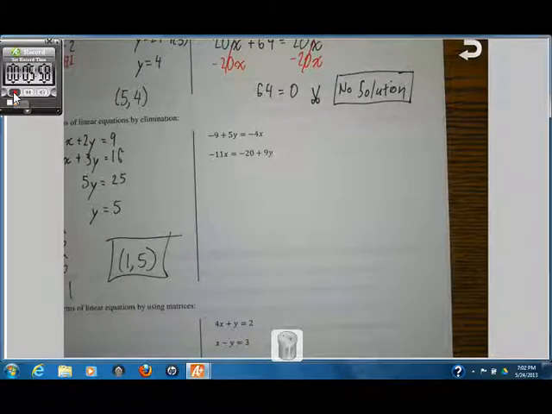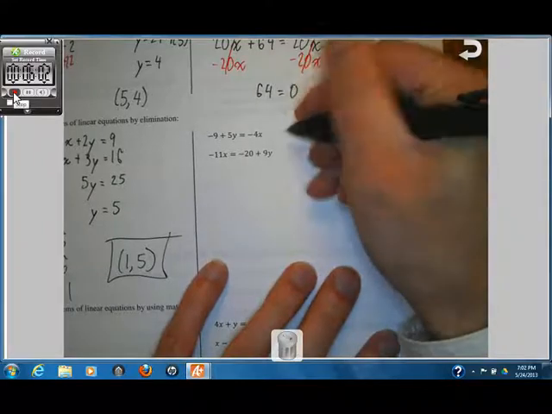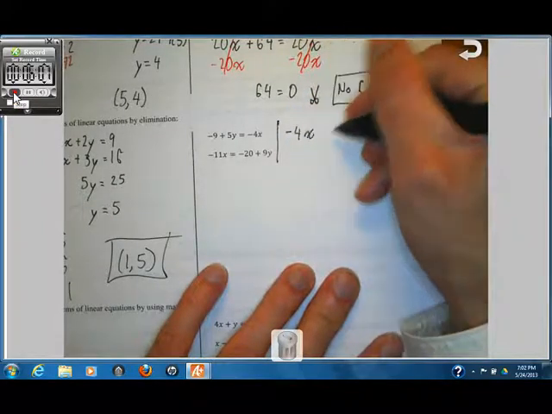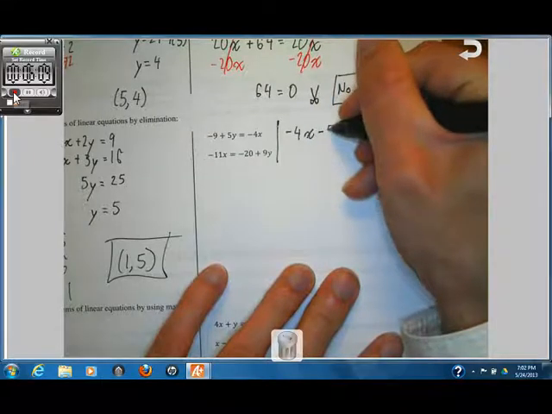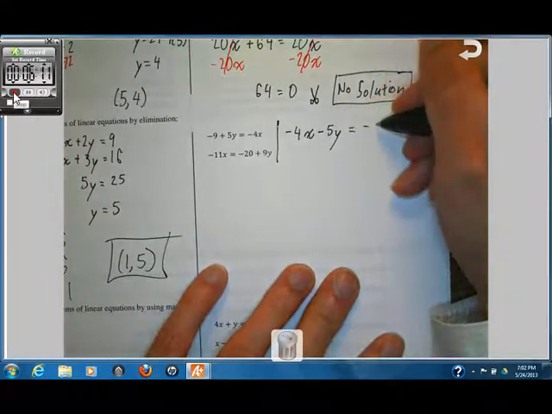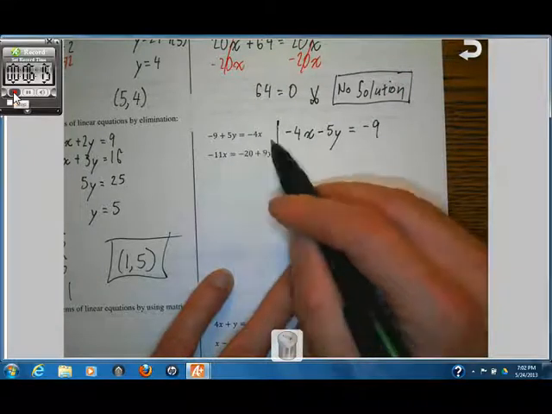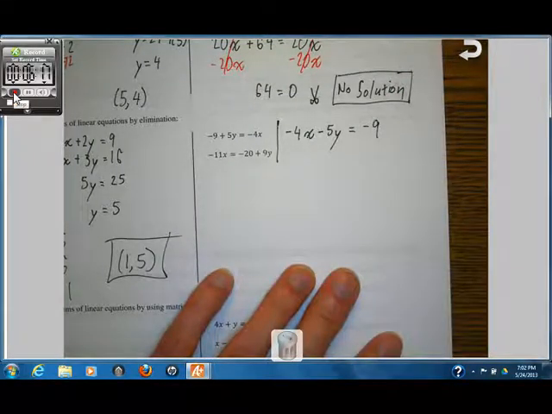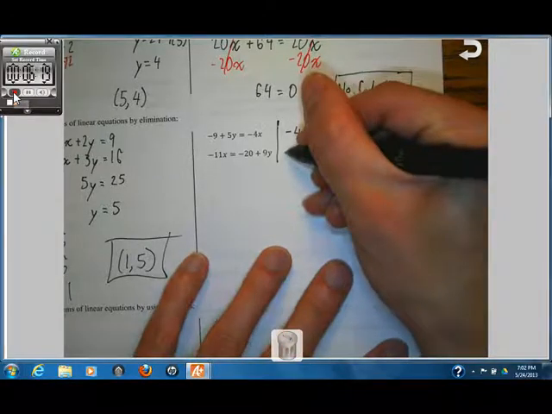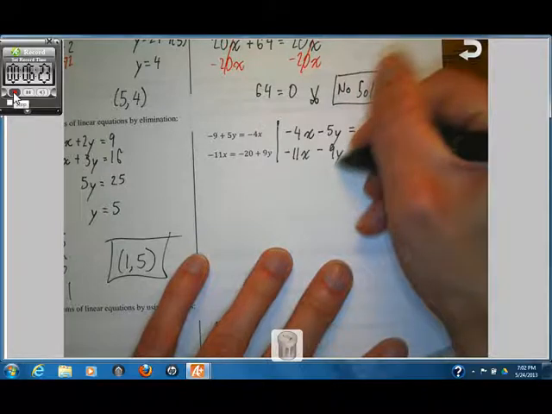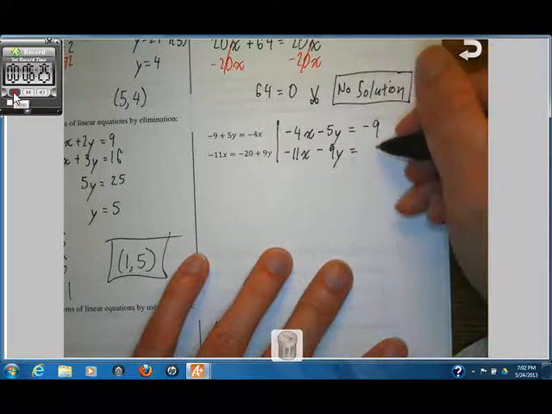What I did was I subtracted 5y over here, and then I used my reflexive property. Next one, I decided, okay, negative 11x minus 9y is equal to negative 20. Actually, neither one of these is pretty as a standard form equation, and neither one of these is a factor of the other, but that's all right. Least common multiple of 4 and 11 is 44. Least common multiple of 5 and 9 is 45.